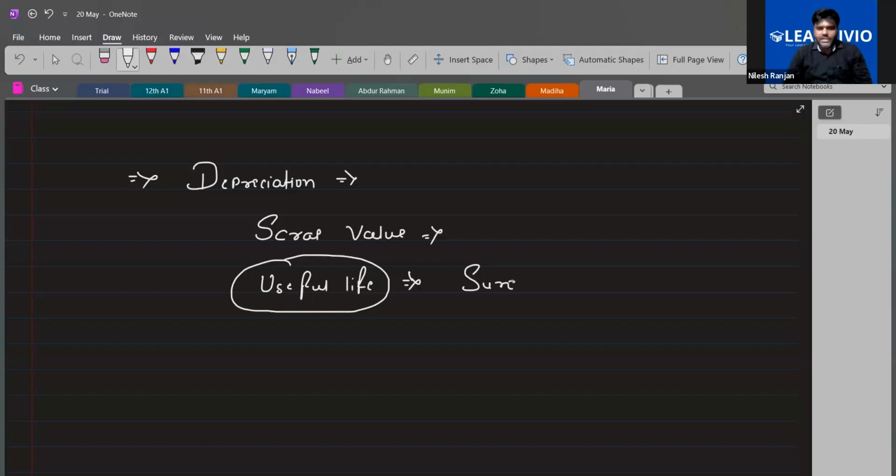Yes. So we cannot say for sure that the useful life of asset will be this. It is just an estimation that we are making. Like it can be used for 10 years. But what if it is destroyed after 8 years? It will not work after 8 years, after 7 years. It can happen. So it is just an estimation, and the actual life can be different.